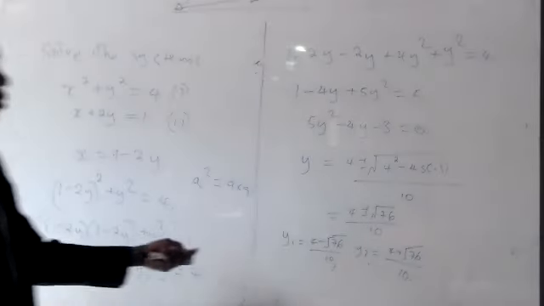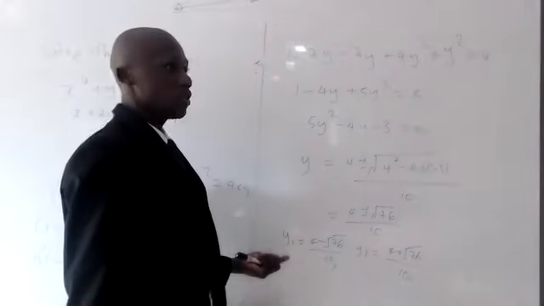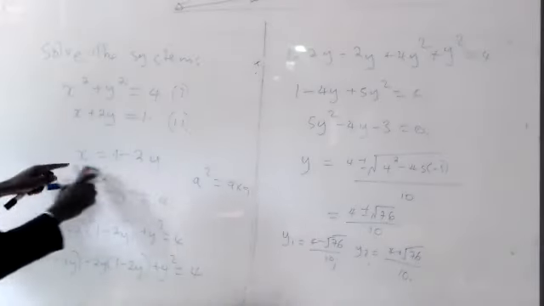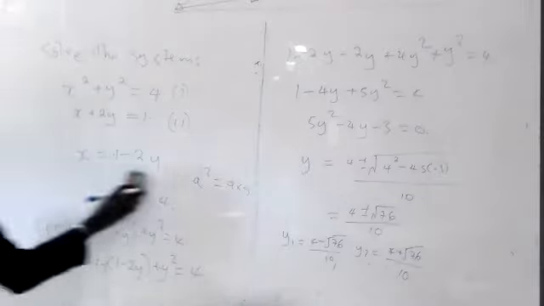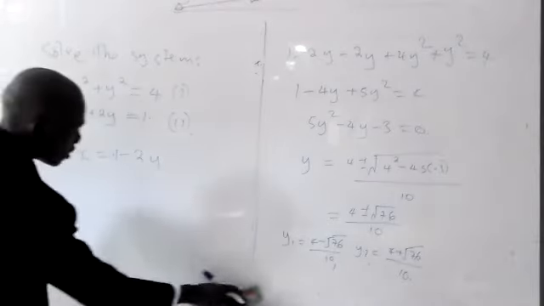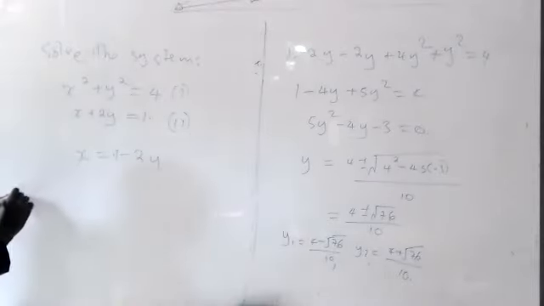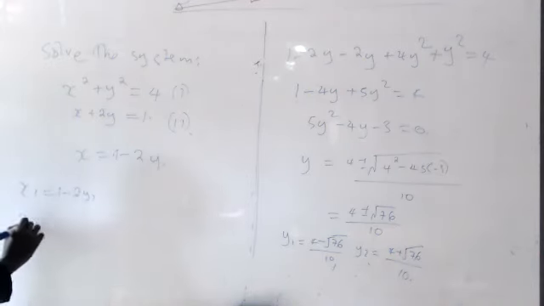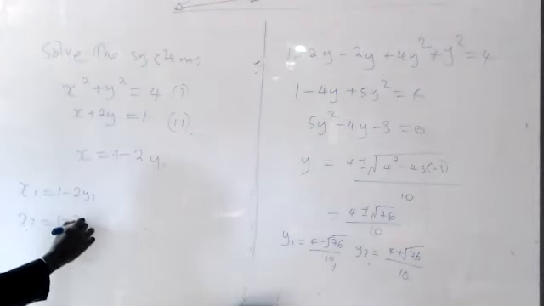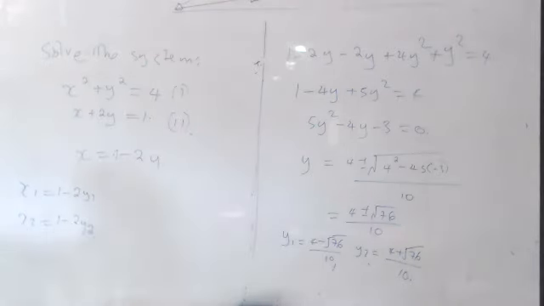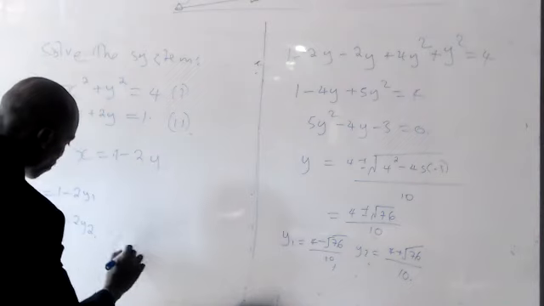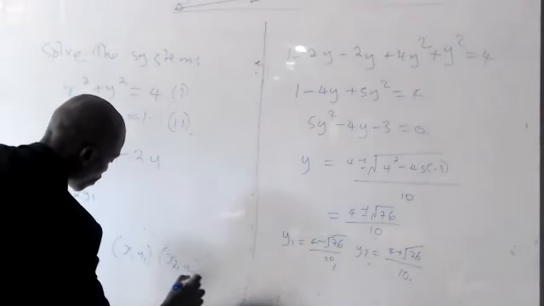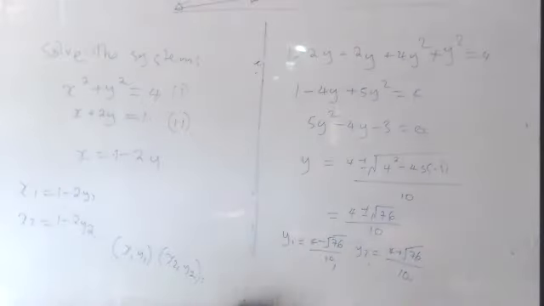Now, for each value of y, you can find the value of x from this. Remember this, x is 1 minus 2y. So x1 will be 1 minus 2 y1, x2 will be 1 minus 2 y2. And this system will have two solutions. You will have x1, y1, and x2, y2 as your solutions.